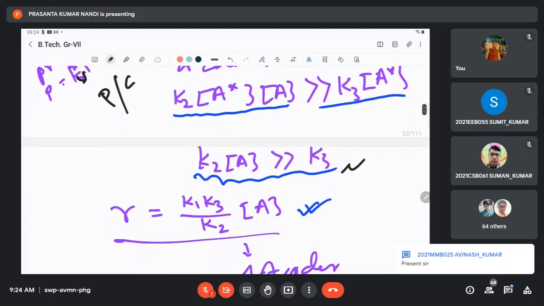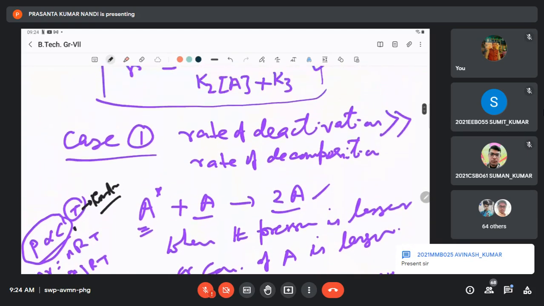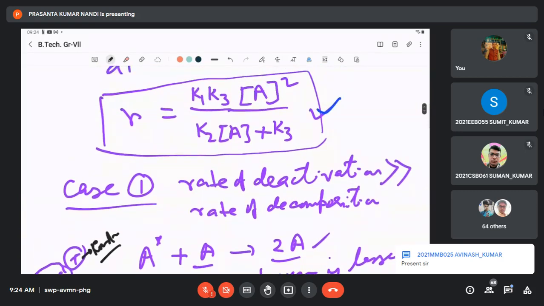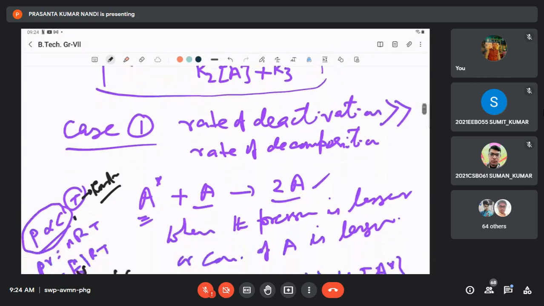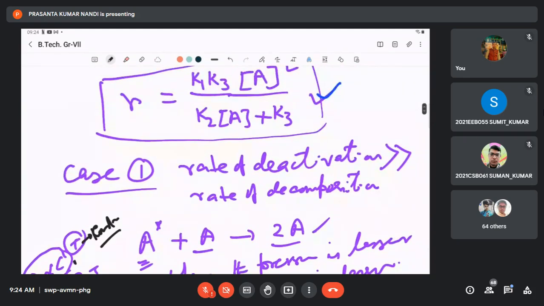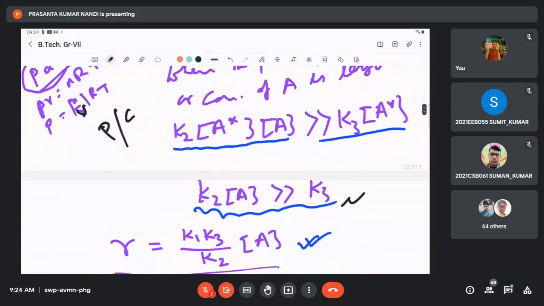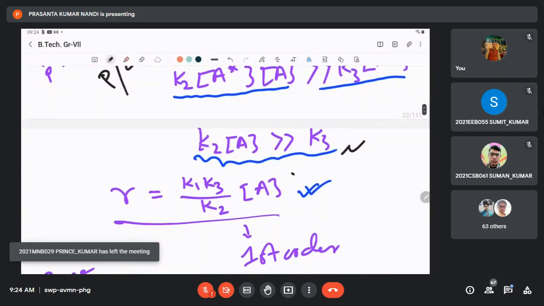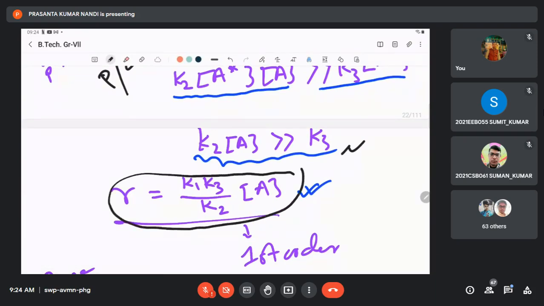Now let us consider the denominator. There we see the factor K2A as K3. Since K3 is small, we can ignore the second term in the denominator and we can write K1 K3 by K2A. So this is the ultimate rate equation under this restriction.